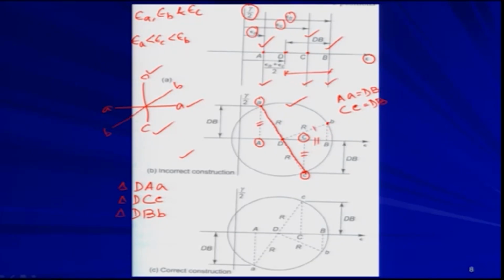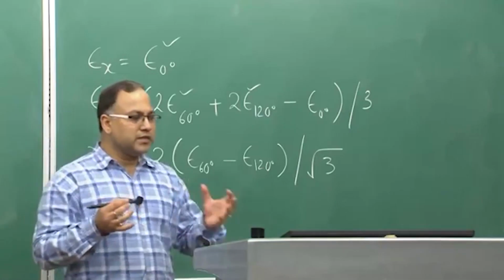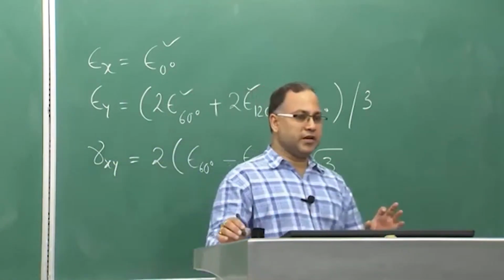Similarly, DB is equal to DC equal to DA, because they are the radius of the Mohr circle. So, these 3 triangles are similar triangles.